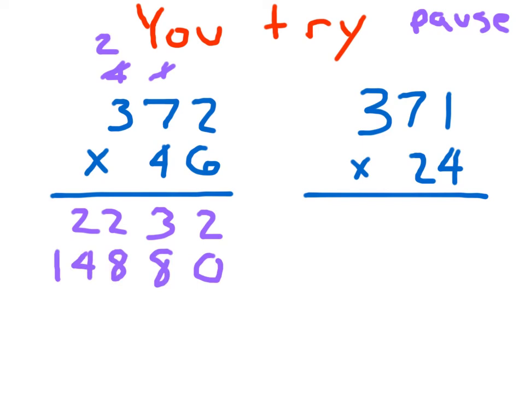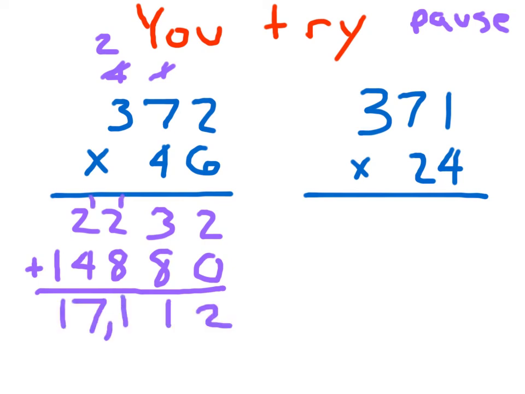Did you get that second number correct there? If not, go back and check your work. And then you would just add them. So our product of 372 times 46 is 17,112. Going to work on that next one.